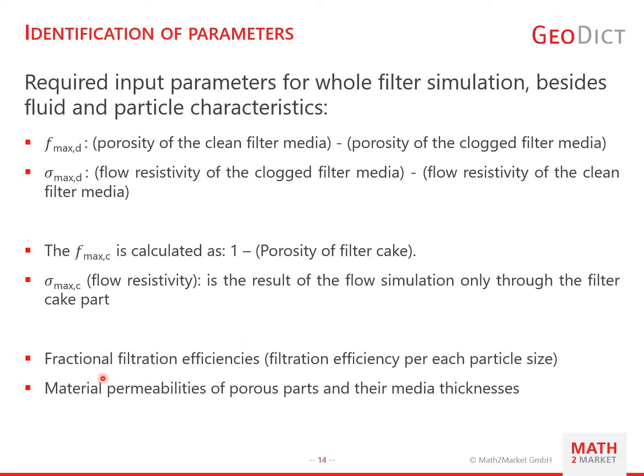And we also need the fractional filtration efficiencies that we computed on the microstructure of the filter media. And we also need the material permeabilities of the porous parts and their thicknesses, which we already computed, and we know these thicknesses. So having all this information, we can use them as input parameters for the whole filter simulation.